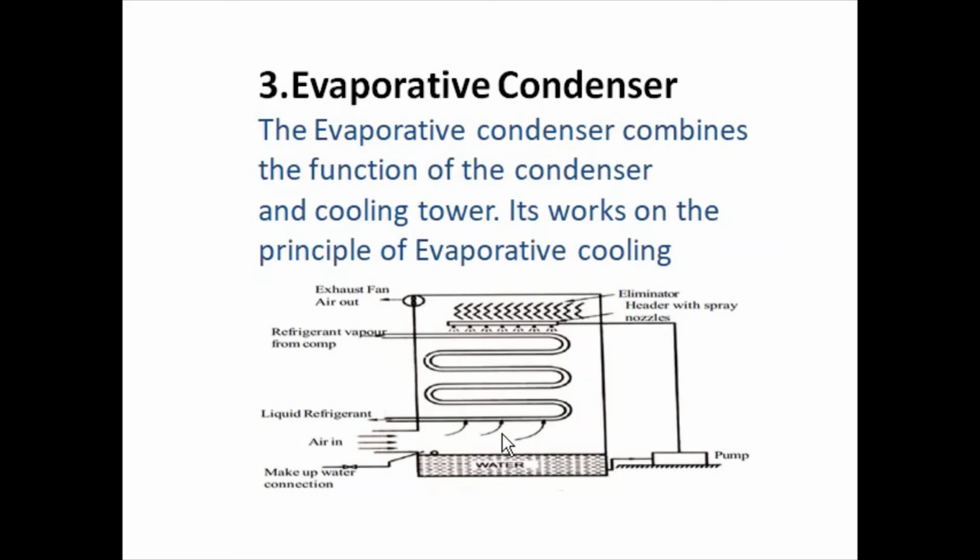They carry away the heat taken from the refrigerant by the water vapor, and 3 to 5% of the water circulated evaporates. Makeup water is admitted to the tank through a float operated valve.